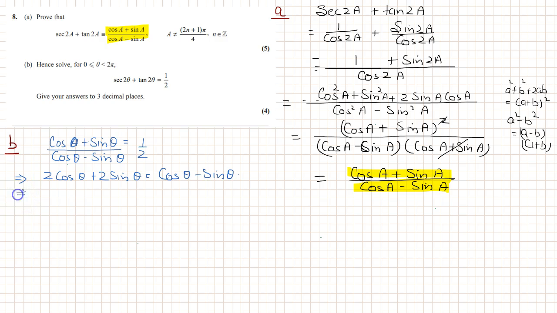So it means 2 cos theta minus cos theta is cos theta, is equal to minus 2 sine theta minus sine theta, which is minus 3 sine theta.